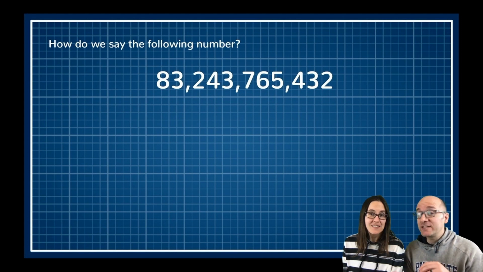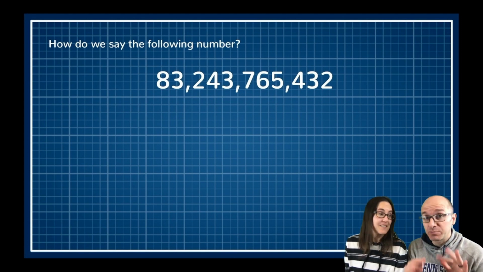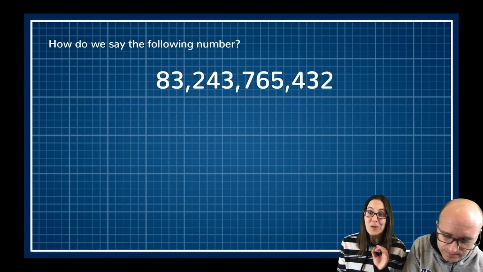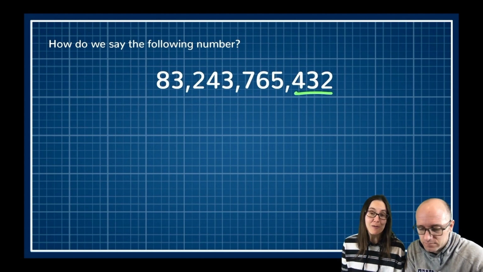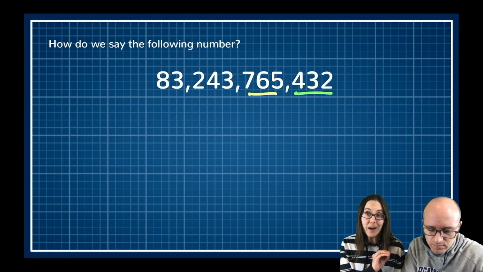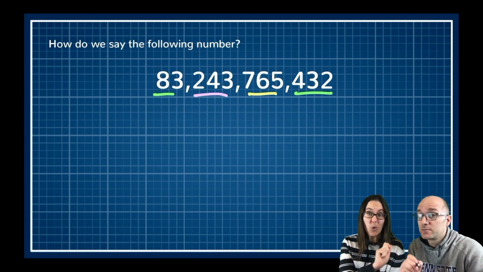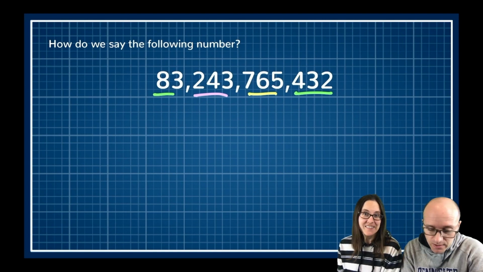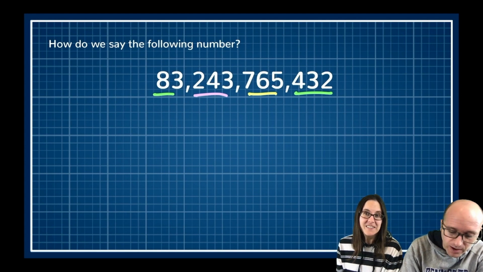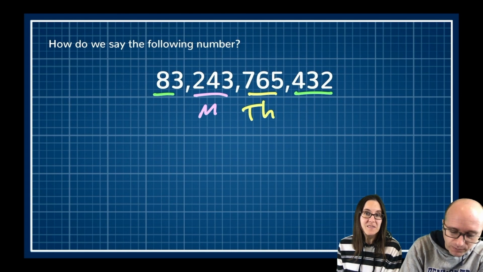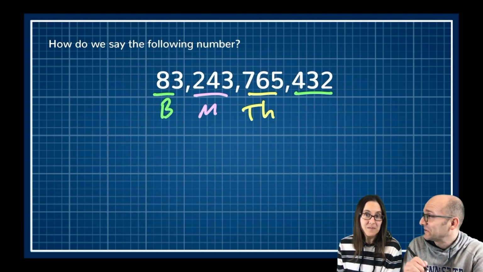All right, how do we say this number? It's not as big as the last one. And if you have the worksheet, this is a good point for you to pause the video and try to write it out yourself before you see Math Dad write it out. See if you can write out this number. Okay, so we had our thousands, we've got our millions, and we've got our billions.